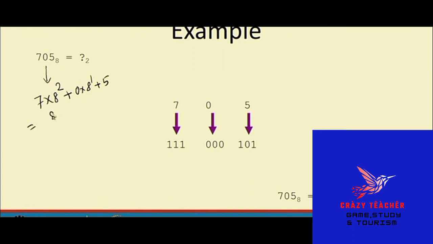So it is 64 into 7, which is 448, plus 5, so that is 453.